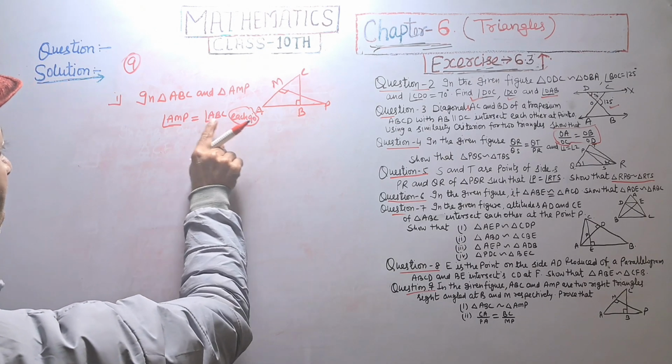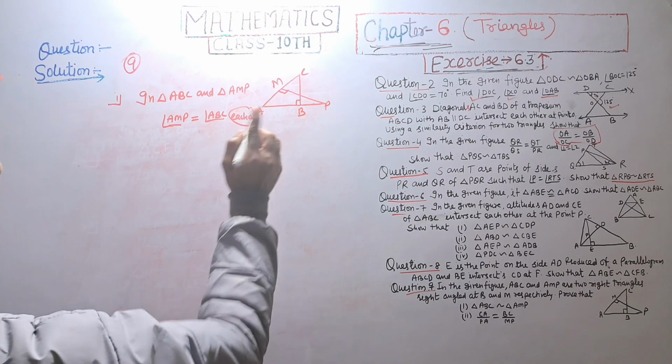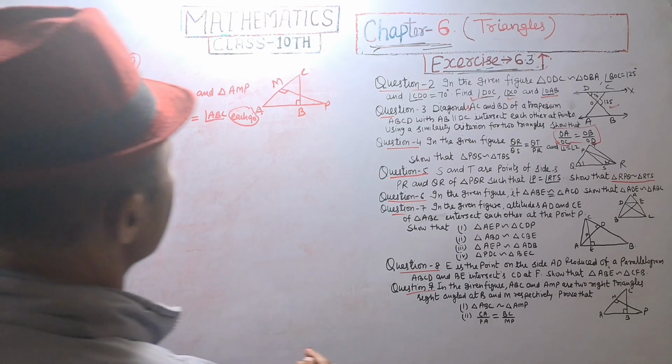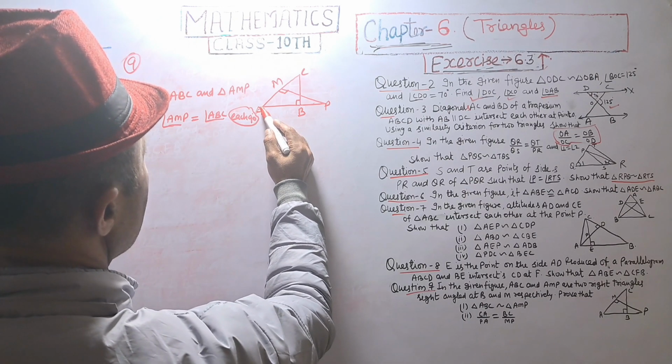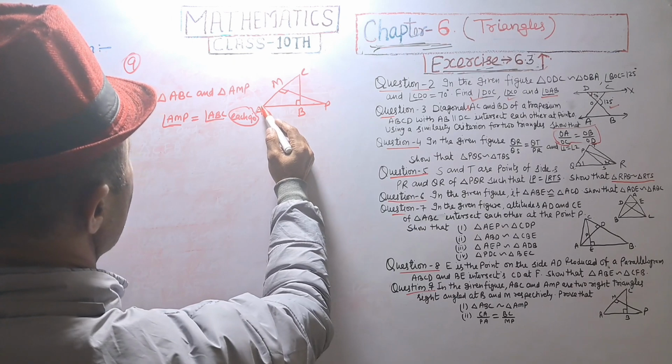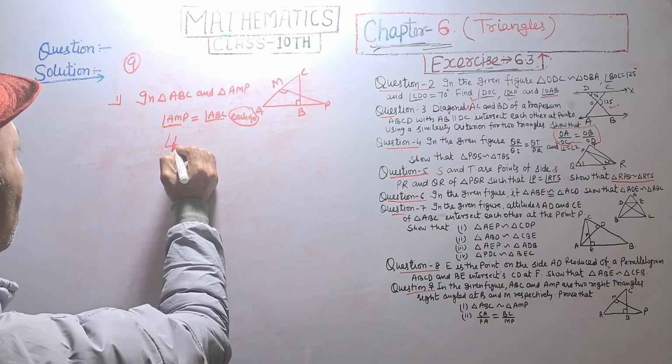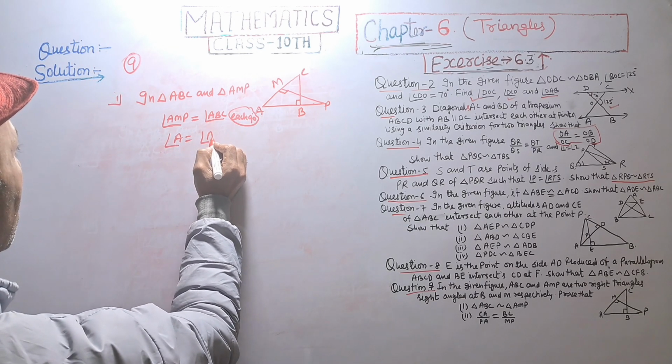Angle B and angle M are both 90 degrees, and angle A is equal to angle A, common.